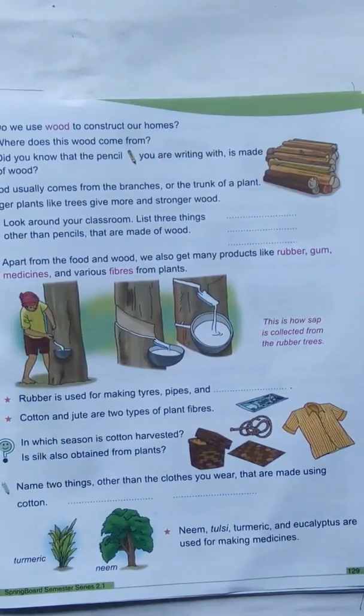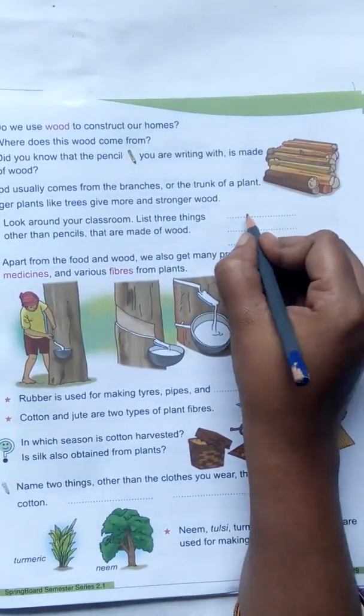Okay, see around your classroom. List 3 things other than pencils that are made of wood. Okay, I will list for you. First one, desk.